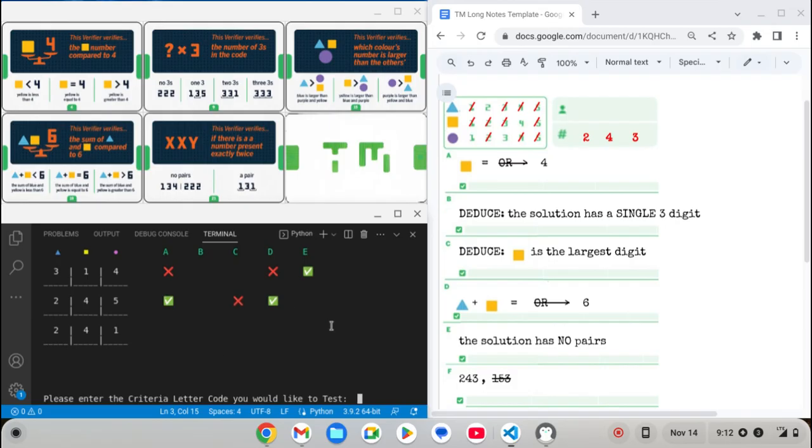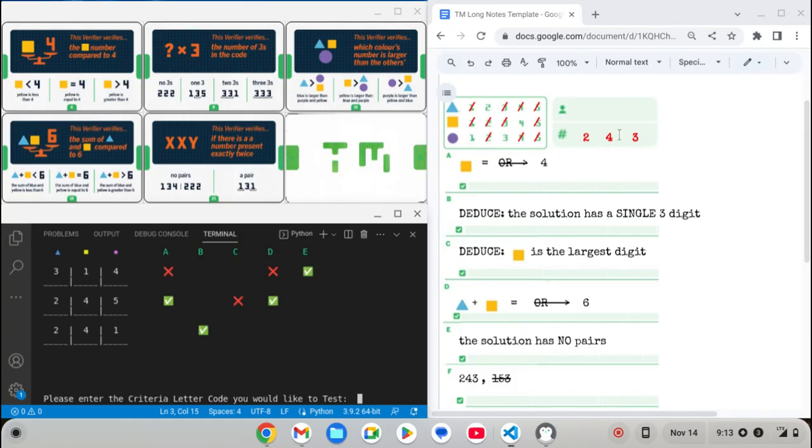And let's test B. I didn't see that. I did not see that. So yeah, let's do B. And it should be true that there is no 3. Yeah. Okay.